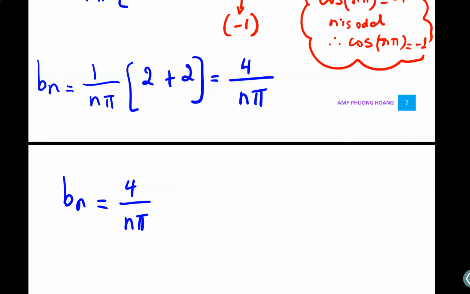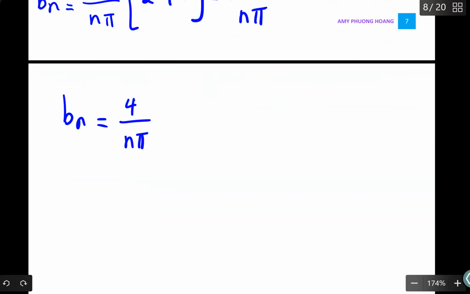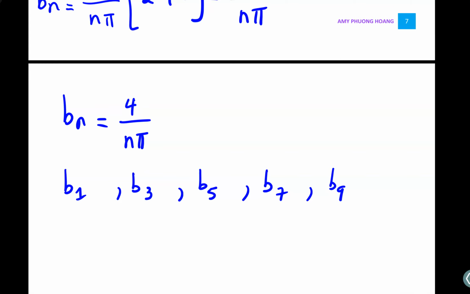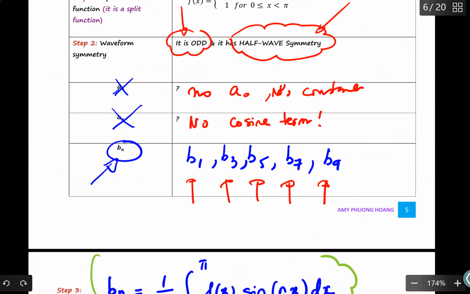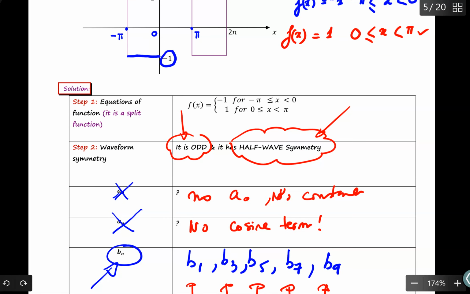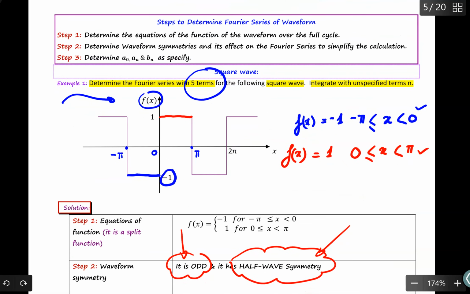And from here, we are going to analyze. You need to have B1, B3, B5, B7, and B9, because the question asks you to find that Fourier coefficient. So let's get back to our chart. This question asks us to determine the Fourier series with 5 terms of the following square wave.